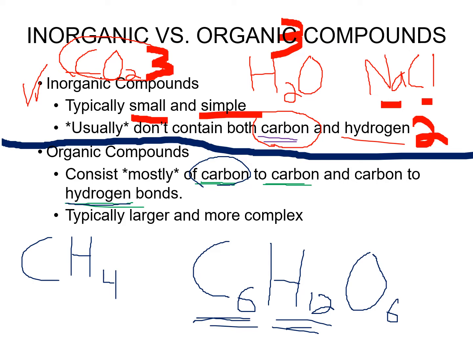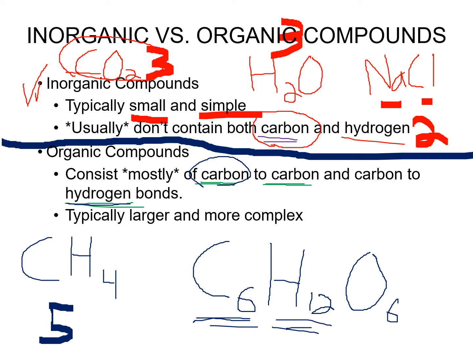Take a look at the organic compounds that I drew down here though. CH4, we have 1 carbon and we have 4 hydrogens, so we have a total of 5 atoms in this compound. Still a small number, but more complex than 2 or 3, right? We're getting a little bigger. Take a look at glucose, which is a very small molecule, but take a look at all the atoms.